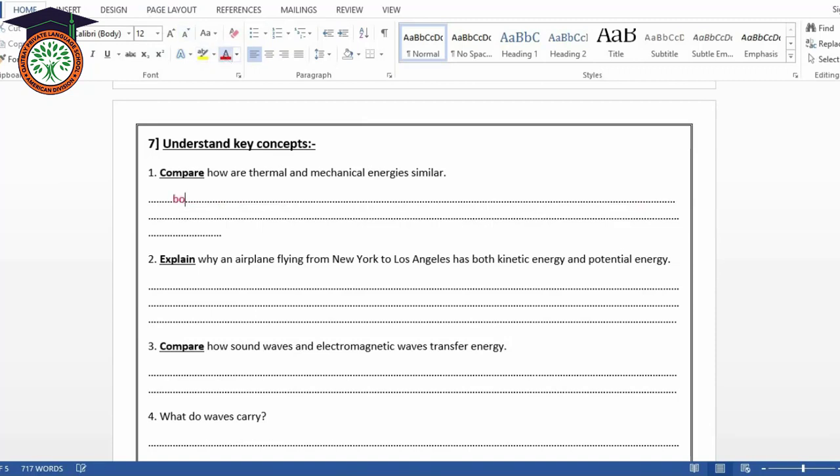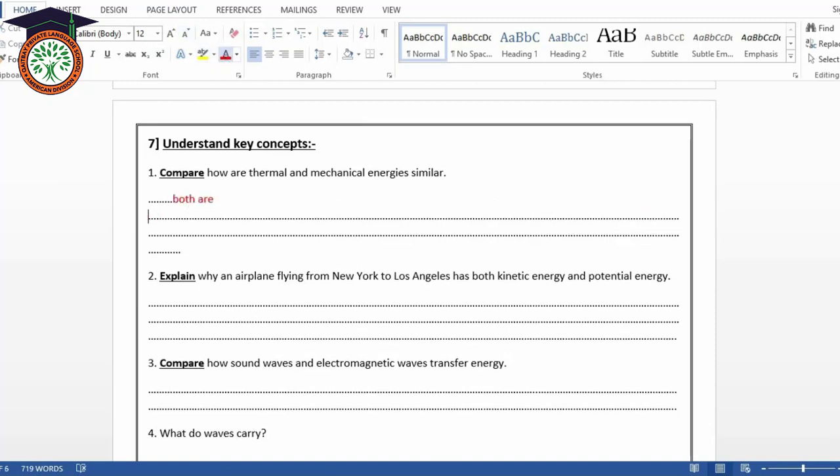Okay, question number 7. Compare how thermal and mechanical energy are similar. We said before that both are the summation of kinetic and potential energy. So we're going to write: both are the sum of kinetic and potential energy.